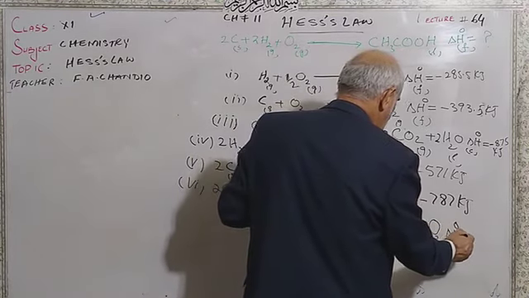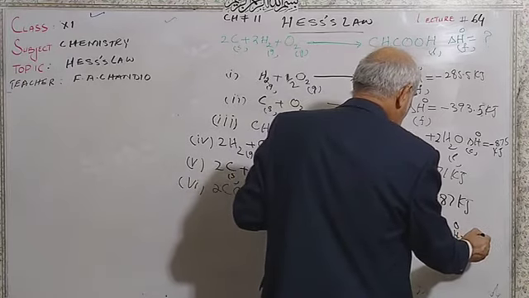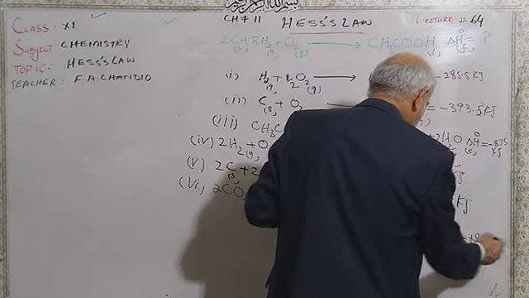Delta H naught sign will be changed, so it will be plus 875 kilojoules.